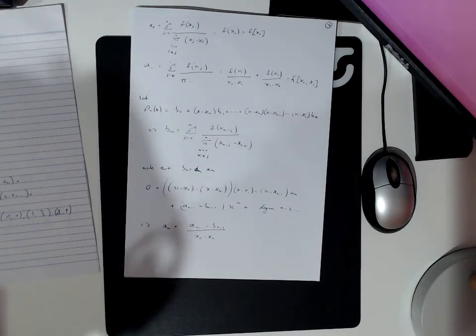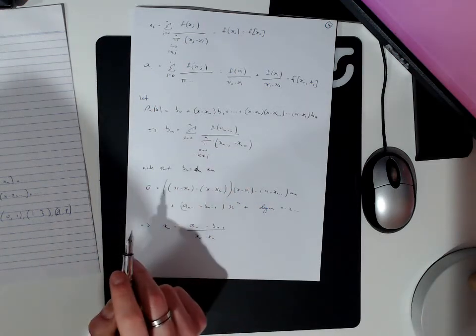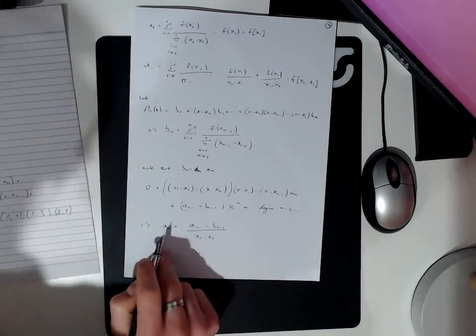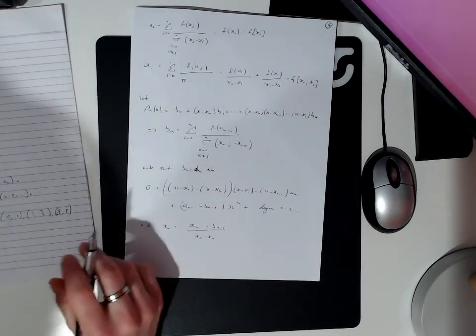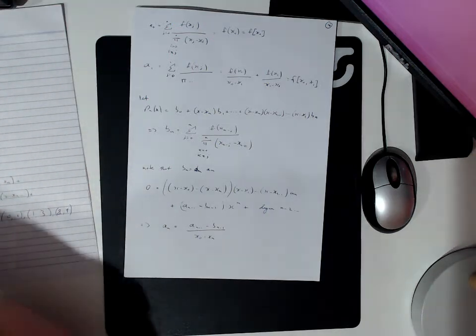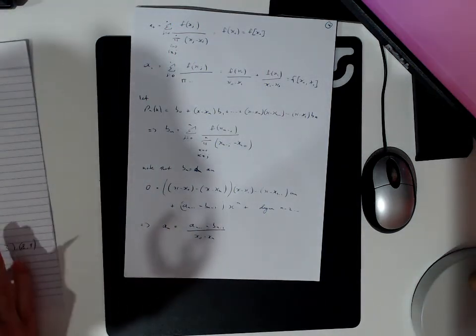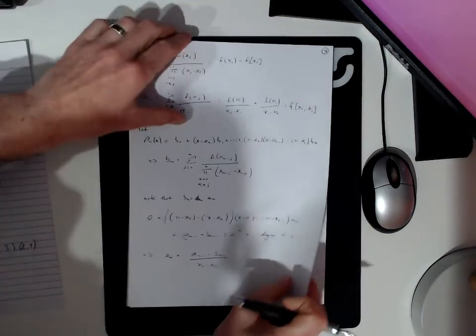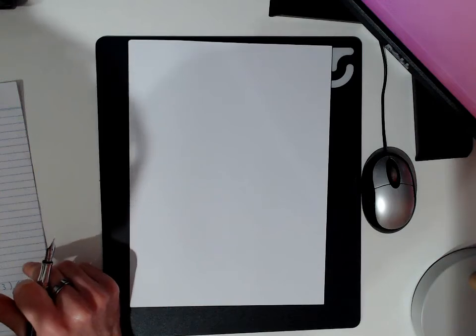And using that properly, you can plug the formulas for the b_n and the a_n into this expression here and see that a_n must actually satisfy the same recursive formula that finite differences do, and therefore must itself be a finite difference. And that gives the result.